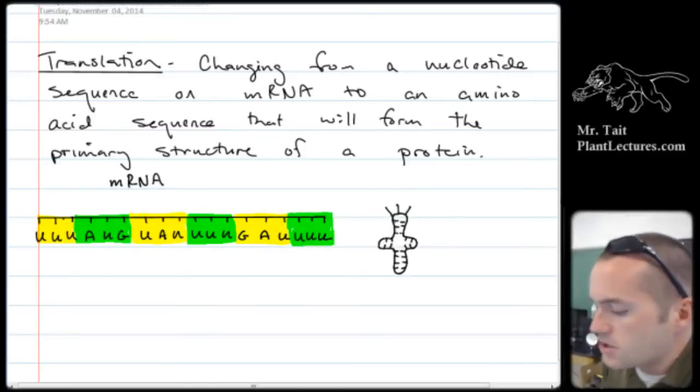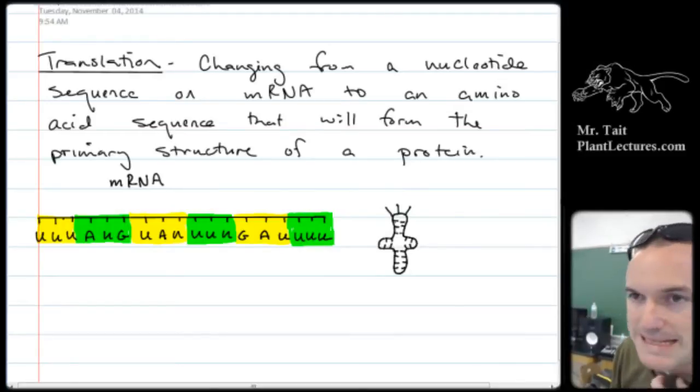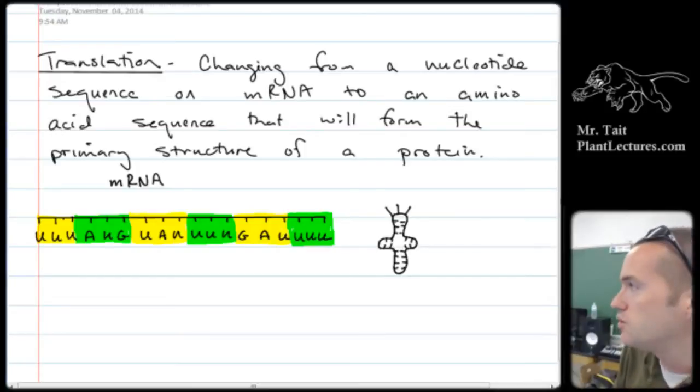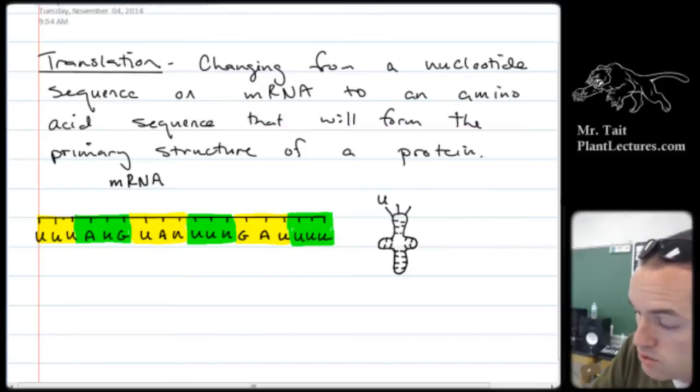Okay, so these nucleotides on the end that are facing outward, they are going to have what's called an anticodon on them, and that anticodon is going to correspond to the complementary base pair sequence of each of these little codons. So this one, let's say, is AUG, so the anticodon would be UAC.